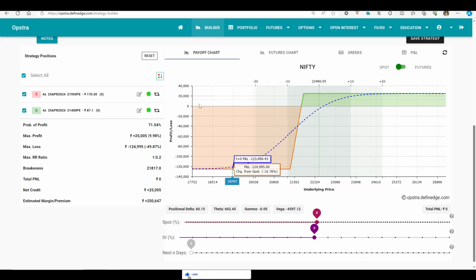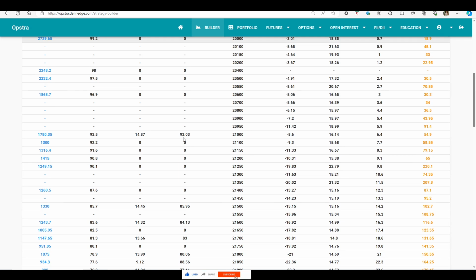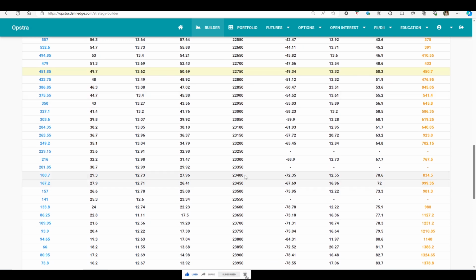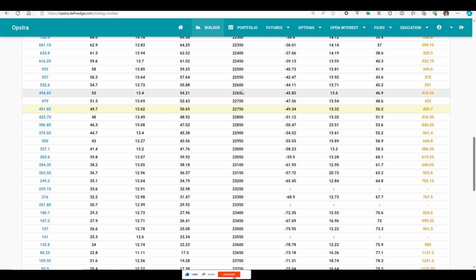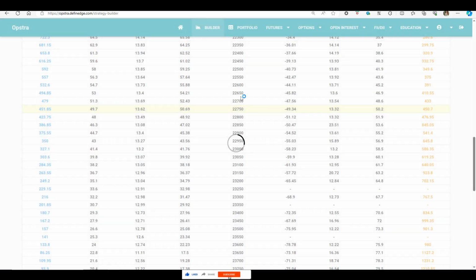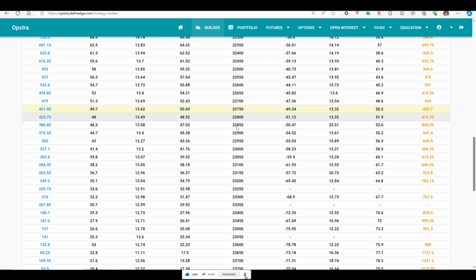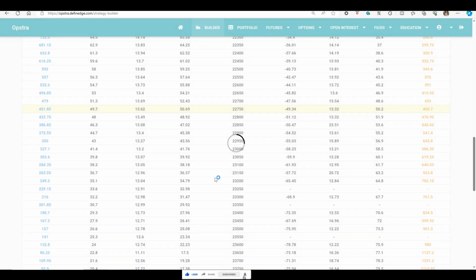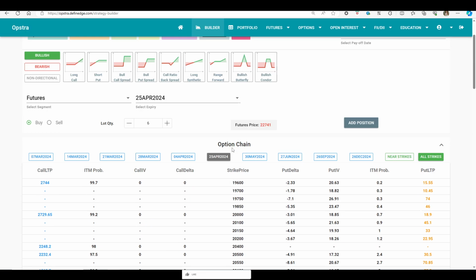The moment you start selling the call option, which is 22,500, currently it is bullish, so we will not be having the data. So I am buying this at half of the premium just for the sake of showing.